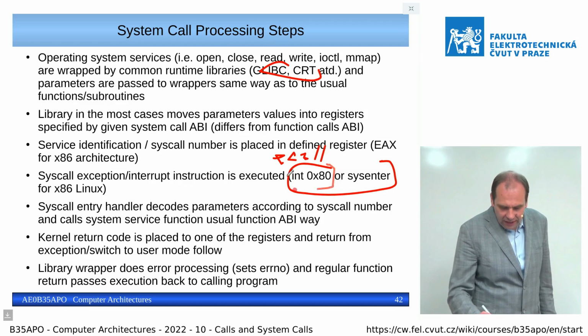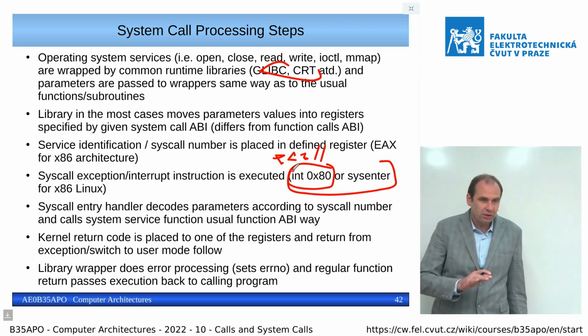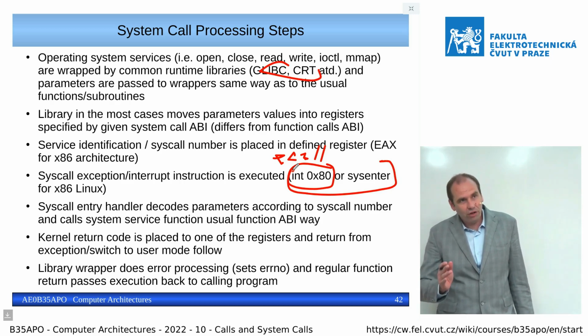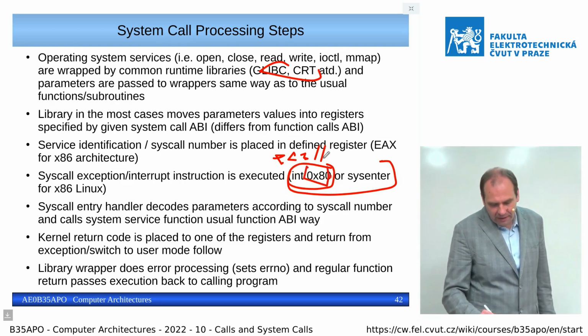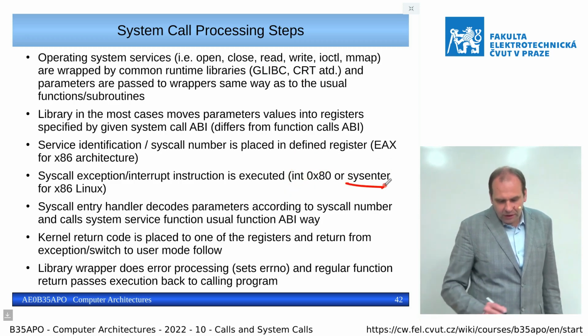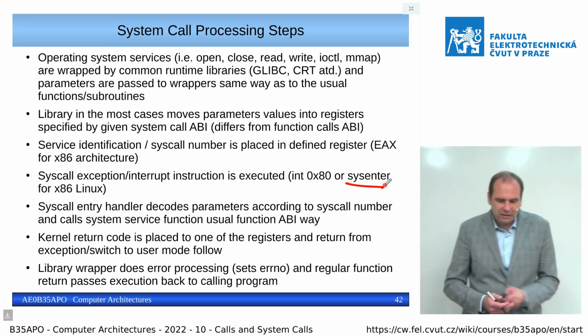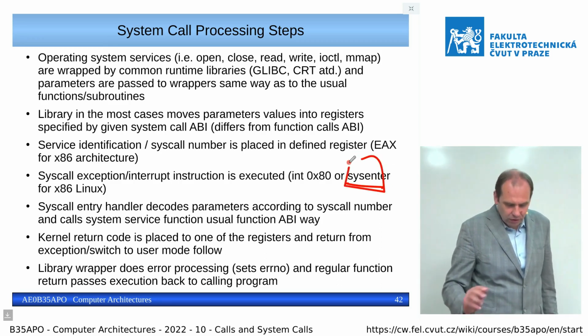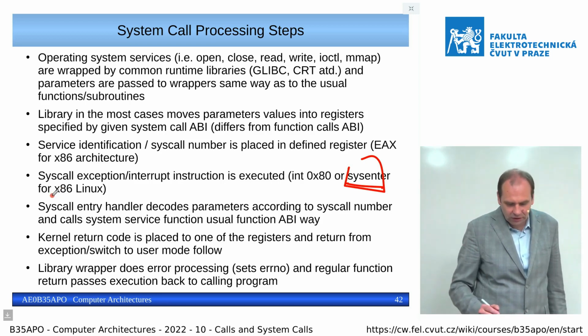On Intel, it was originally interrupt 80. You see this exception, in fact a syscall operation, but it is called an interrupt and has a number which is used for it. On the newer AMD-based systems, it is the sysenter instruction and so on. On 64-bit, the syscall instruction was added in fact.